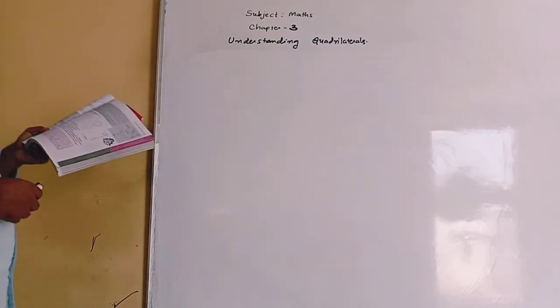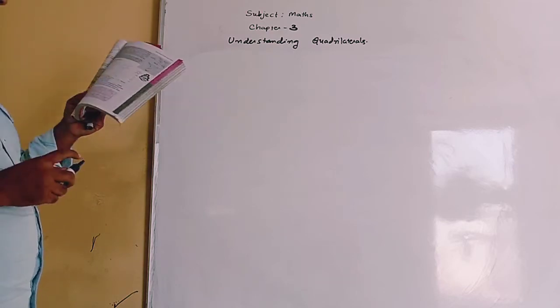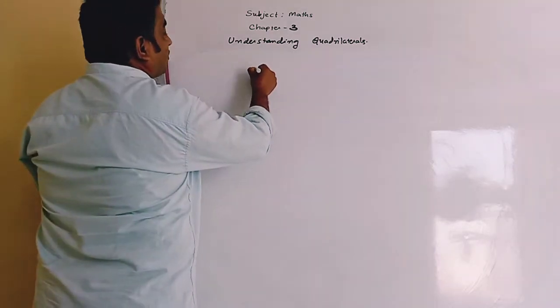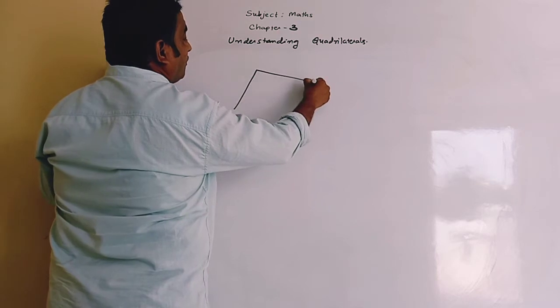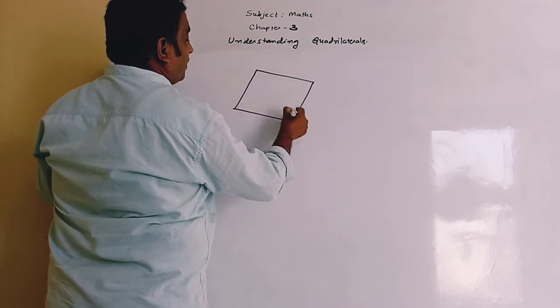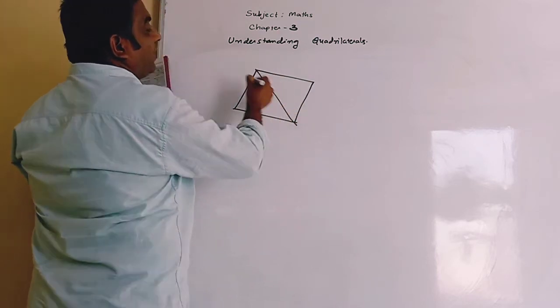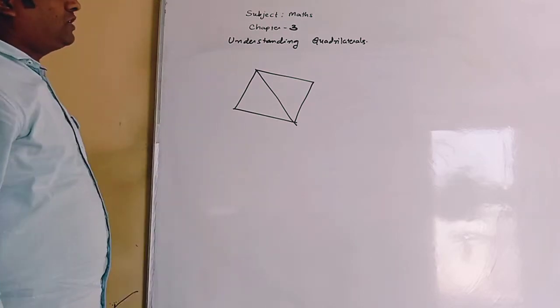Now question 3 we have, what is the sum of measures of angles of a convex quadrilateral? So we draw a convex quadrilateral and a diagonal, then it is divided into 2 triangles.